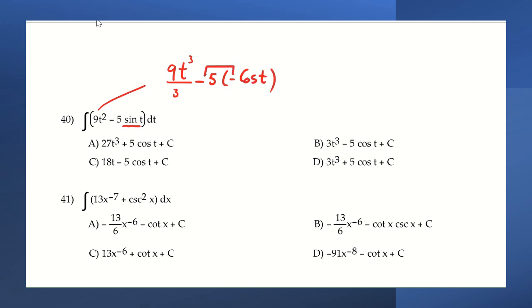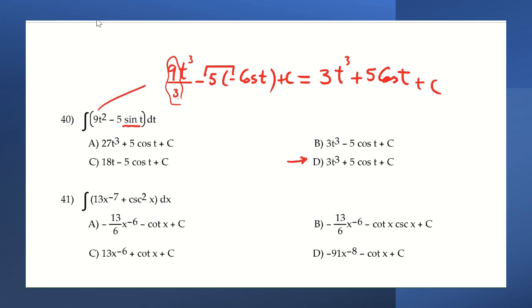So negative multiplied by negative is positive, and 9 divided by 3 is 3. So it's 3t to the power of 3, and negative by negative is positive, 5 cosine t. And you can check the answer if it's not d.